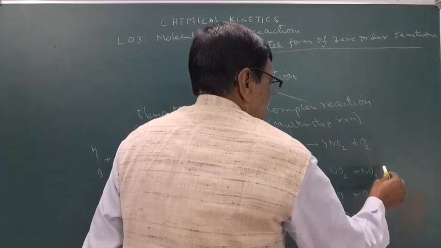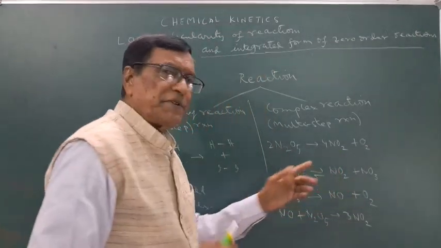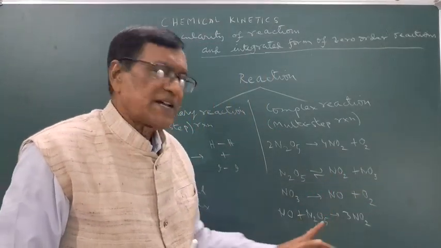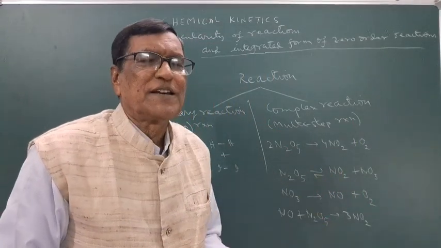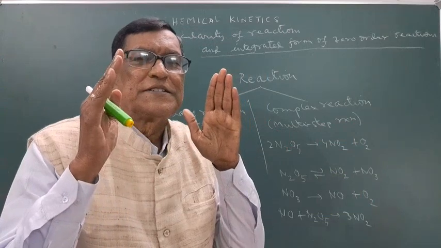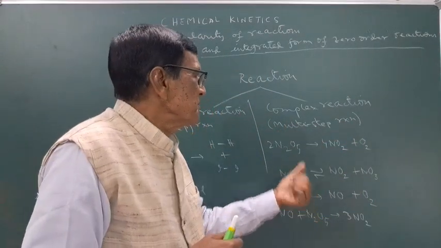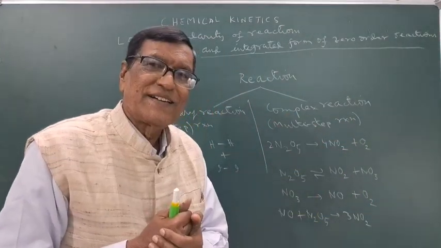So this is the first step, a reversible reaction. This is the second step, this is the third step. So the reaction proceeds in several steps. So this is the complex reaction.